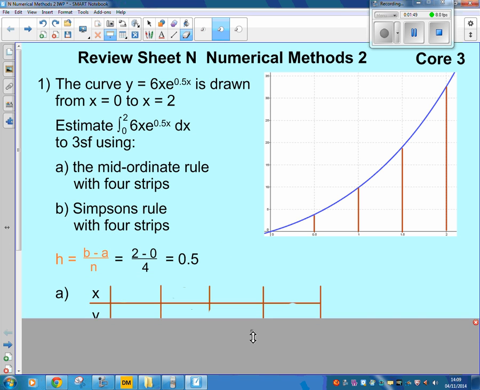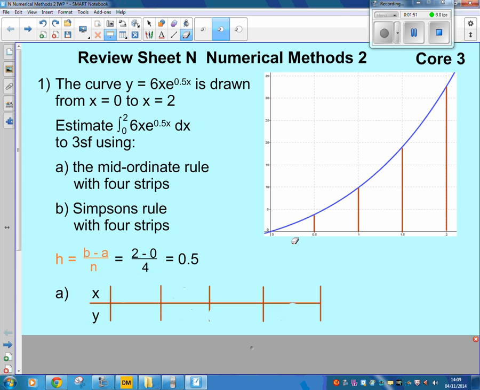Now if we come on to the Midordinate rule first, it uses the y-coordinates, but you want the y-coordinates at the points which are not at the edges of the strips, but in the middle of the strips. So I take the middle of each strip and want the y-coordinate there. Let's first work out the x-coordinates, then work out y.